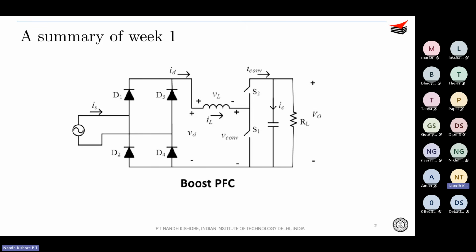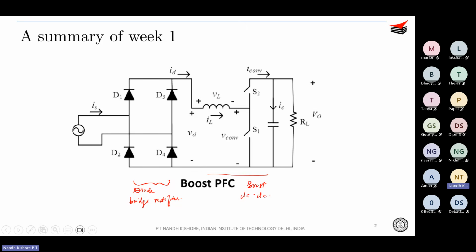You would have gone through the lecture slides anyway, so there's no point repeating it, but just a brief recap is that you have a diode bridge rectifier over here, followed by a boost converter. So this is your boost stage, boost DC.